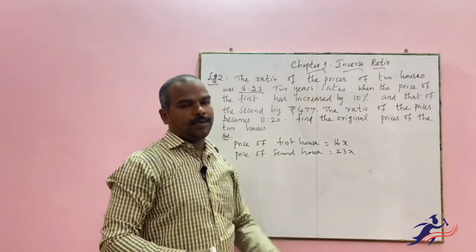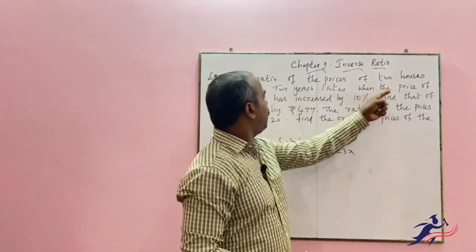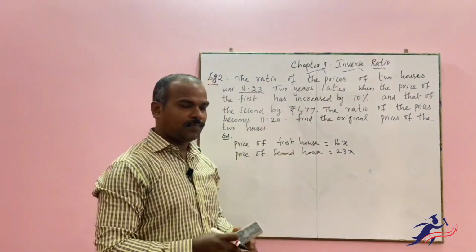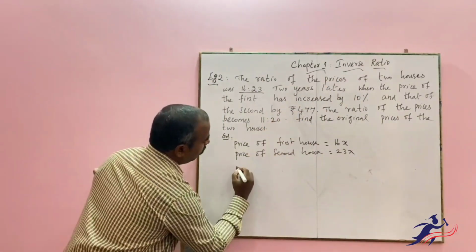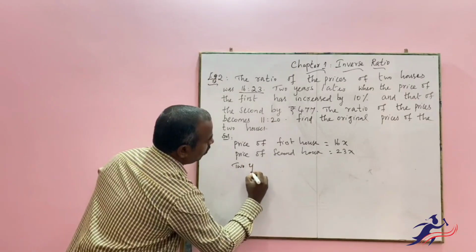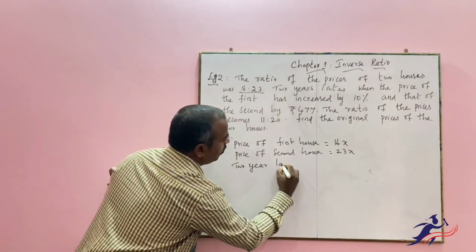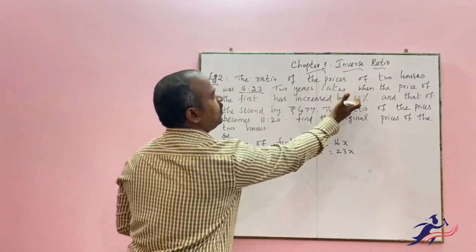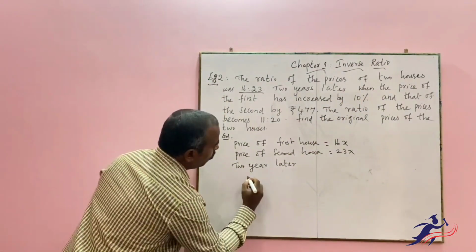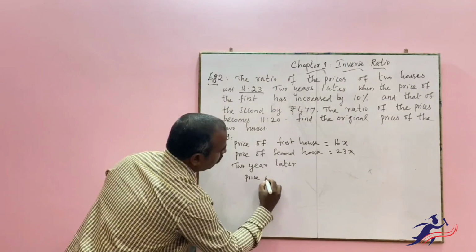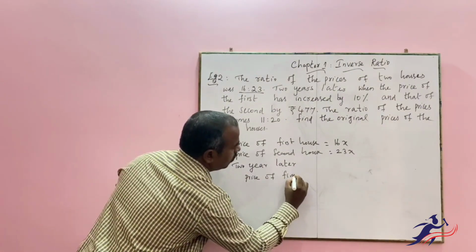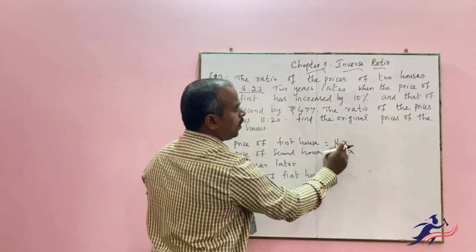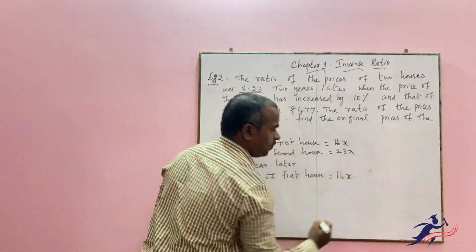2 years later, when the price of the first has increased by 10%. So it is clearly given, 2 years later, the price of the first house is increased by 10%. Therefore, the price of first house is equal to the original price, that is 16x.